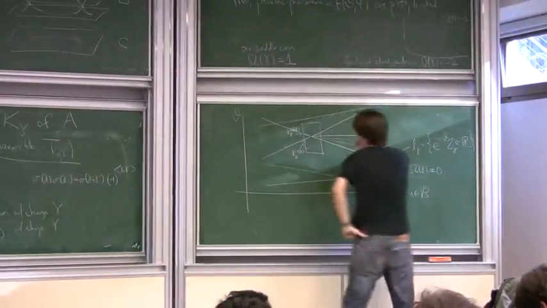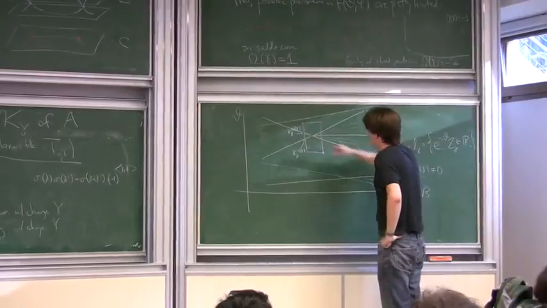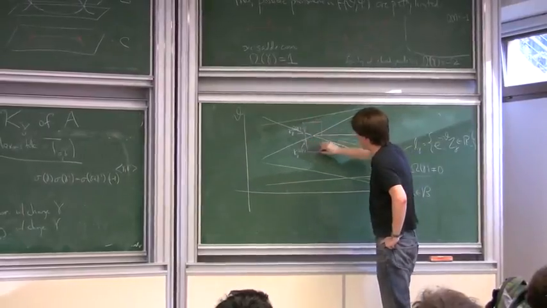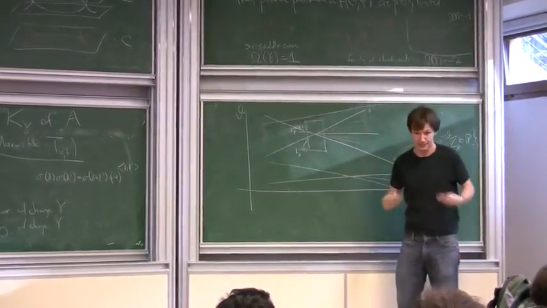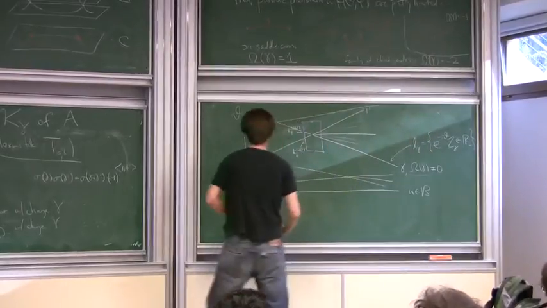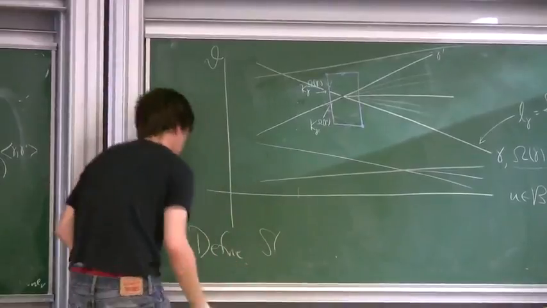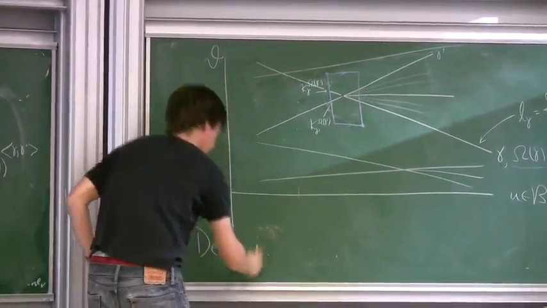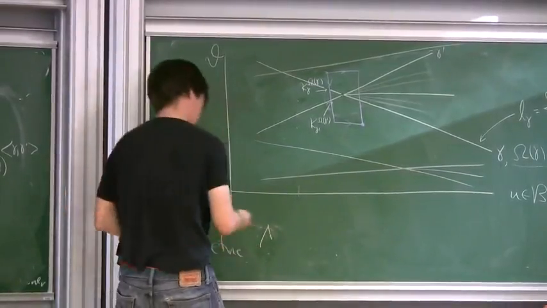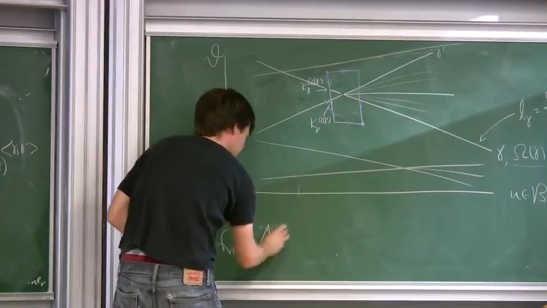And the statement of the wall crossing formula is that the two products of automorphisms that you get going this way and going this way should actually be the same. So let me write that. Let's see, use Maxime's notation.